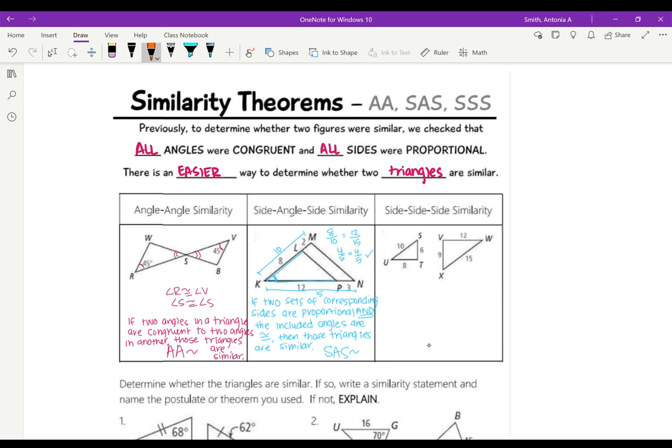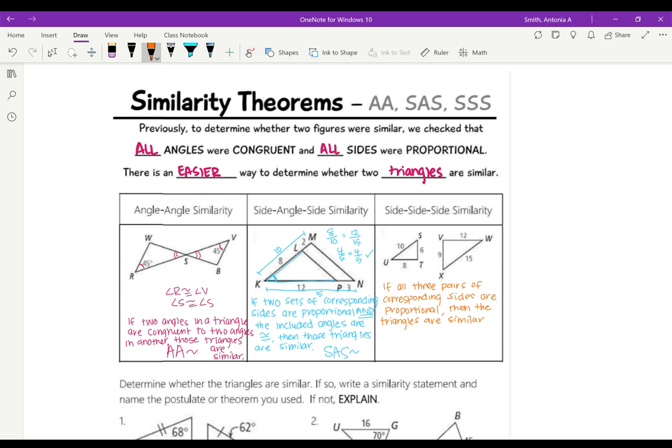Side side side similarity says that if all three pairs of corresponding sides are proportional, then your triangles are similar.